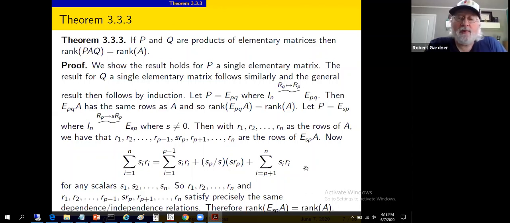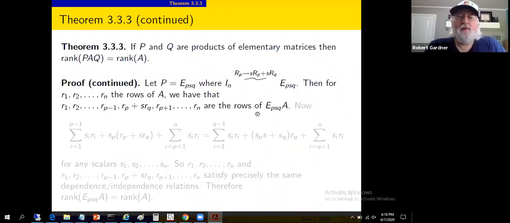And we'll do a similar type thing for the third elementary row operation. That third row operation being, take the pth row and add to it s times, say, the qth row. A little error there. It should read r sub p plus s times r sub q. Okay? So I denoted that E sub psq.